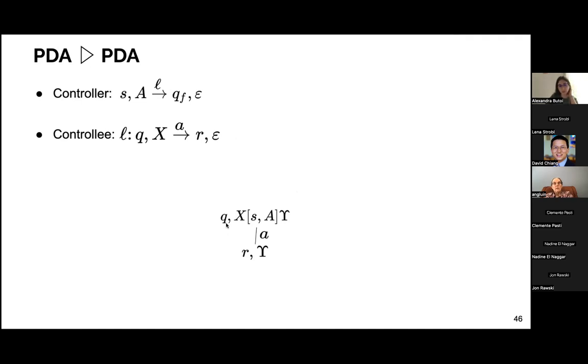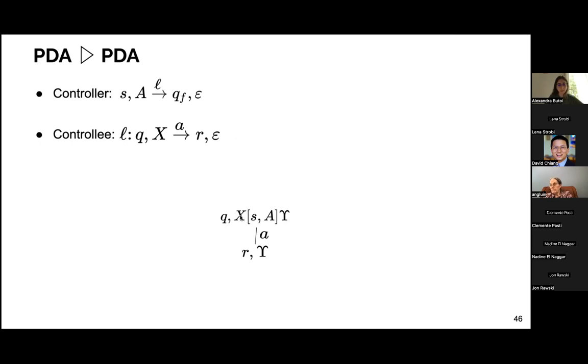So the nodes in these formalisms are actually labeled with configurations. At each point, you are in some state and you have a sequence of stacks, and each stack symbol is augmented with configurations of the controller.